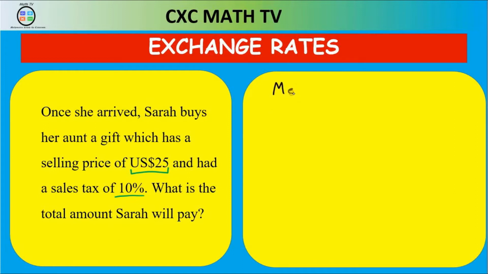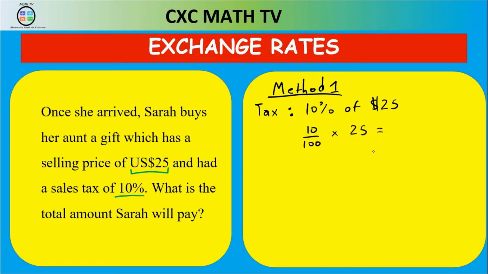Method 1, which is the popular way, is you, of course, work out what that 10% tax is. So we work out the tax, which is 10% of $25, right? So that is 10 over 100 multiplied by 25. 10 over 100, and then you multiply it by 25 is $2.50.